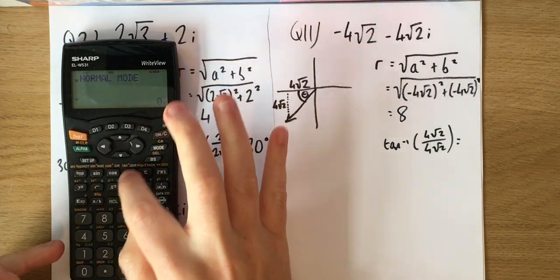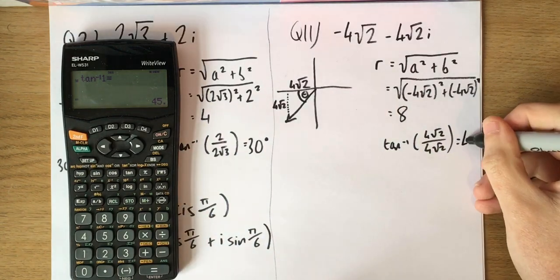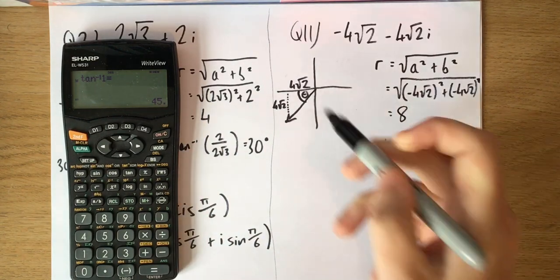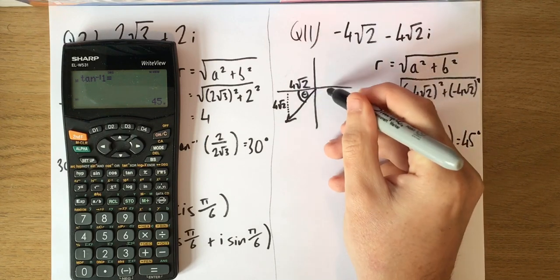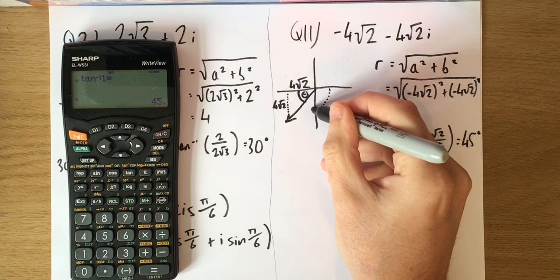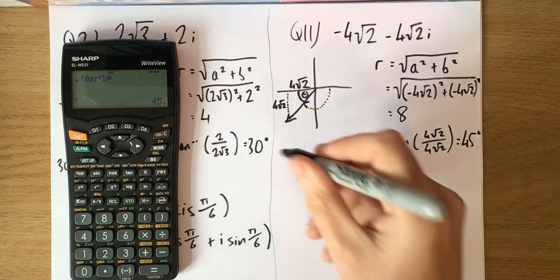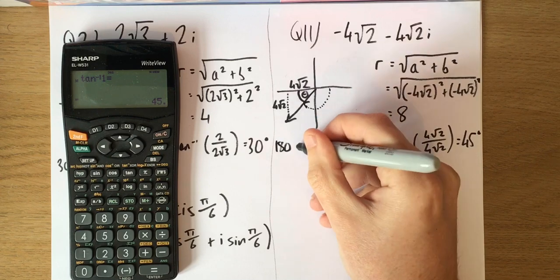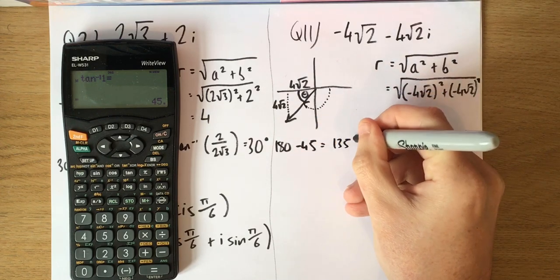So second function, tan inverse of 1 would be 45 degrees. So this angle here is 45 degrees. So the angle I want is 180 take away 45, which is 135 degrees.